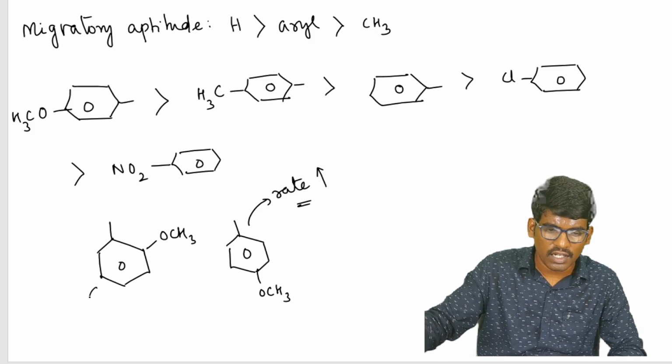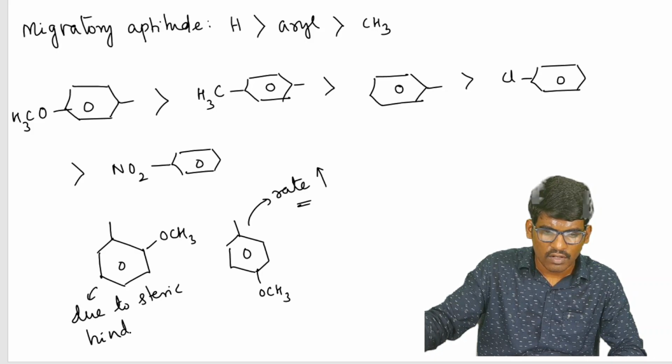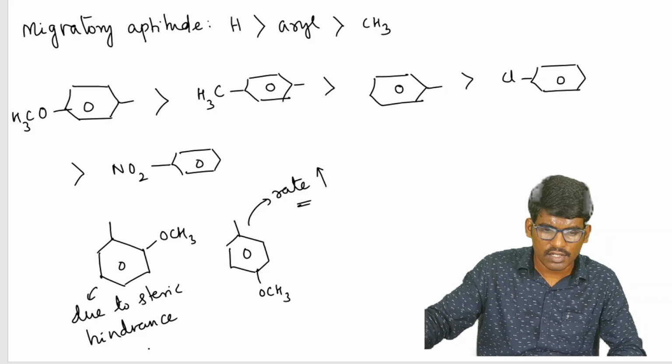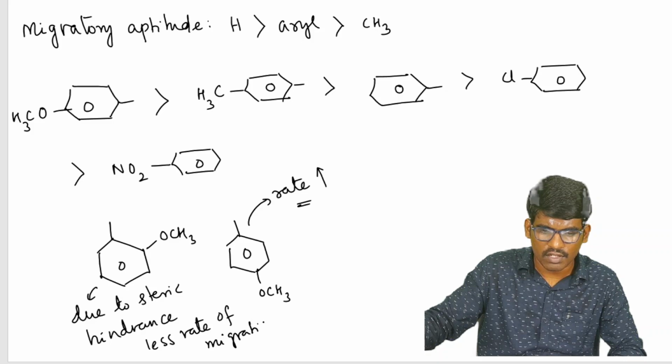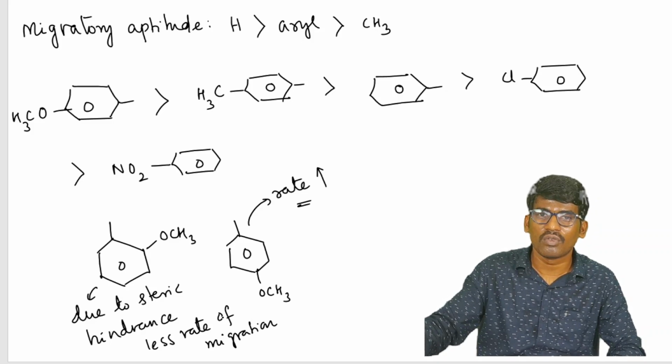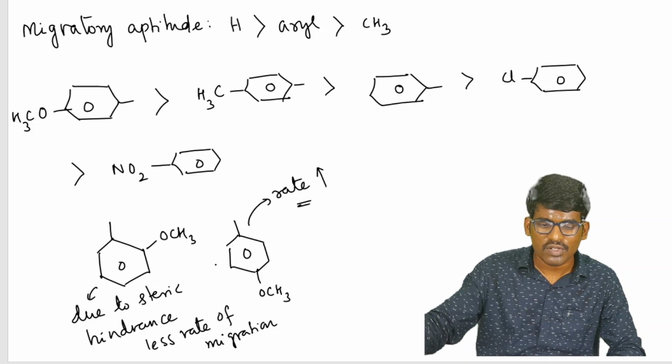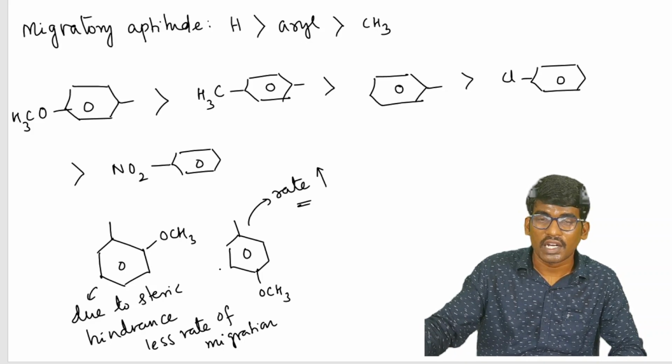Due to steric hindrance, orthomethoxy has a lower rate of migration compared to paramethoxy, right? In such a way, the rate of migration can also be given.